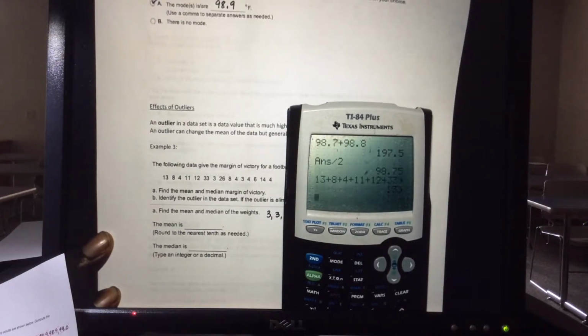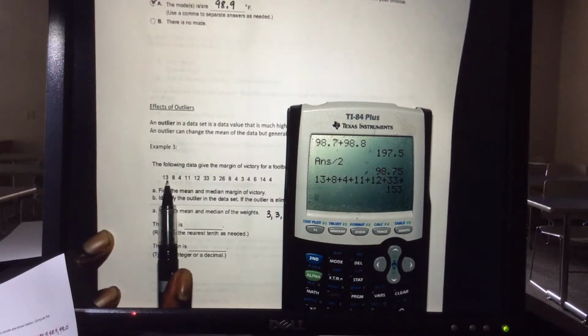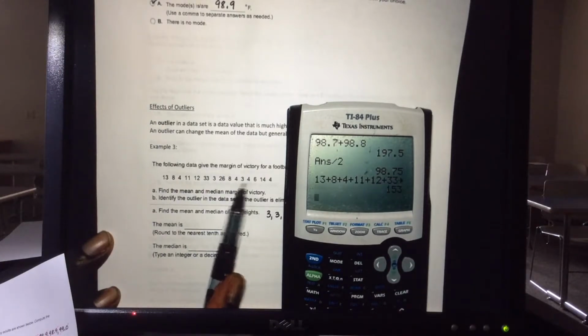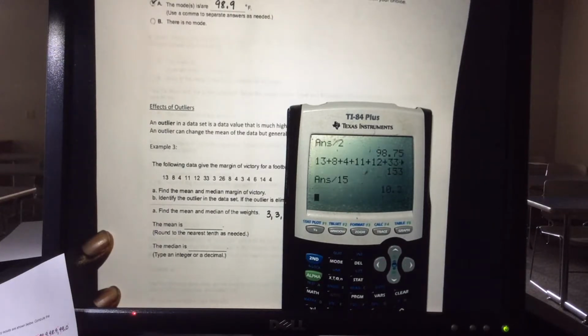that sum is going to be 153. And let me count how many data values I have here. 1, 2, 3, 4, 5, 6, 7, 8, 9, 10, 11, 12, 13, 14. Here I got 15. So I take 153 and divide that by 15. And that will give me 10.2.